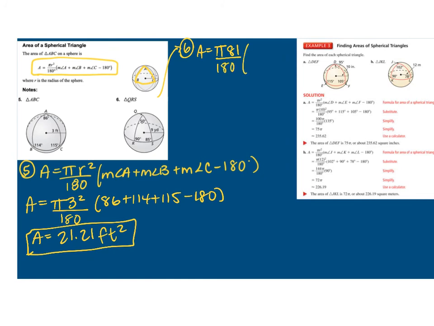And then let's see, what is 50 plus 90 plus 85 minus 180. That's about 45 once you do all that. So that will give you 63.62 square yards.